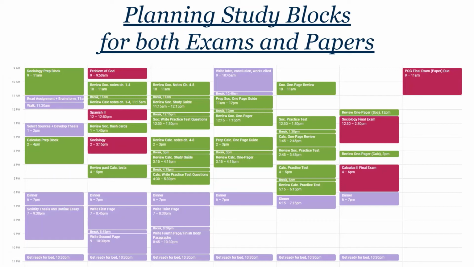How long does it take me to work on an essay for Problem of God last month, the month before? So what I actually did first here in adding writing to my schedule is add the last part of writing first, and that is Wednesday morning. I added my introduction, my conclusion, and my works cited first thing in the morning.